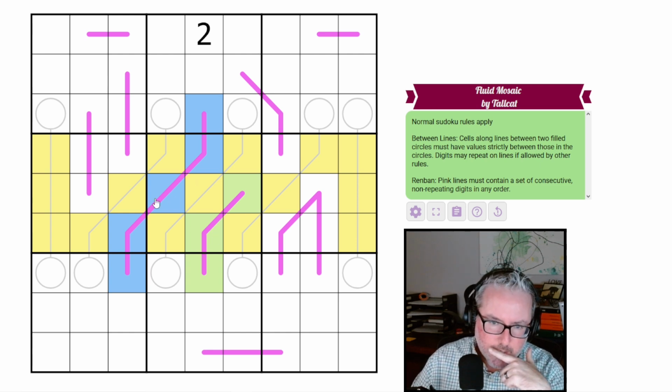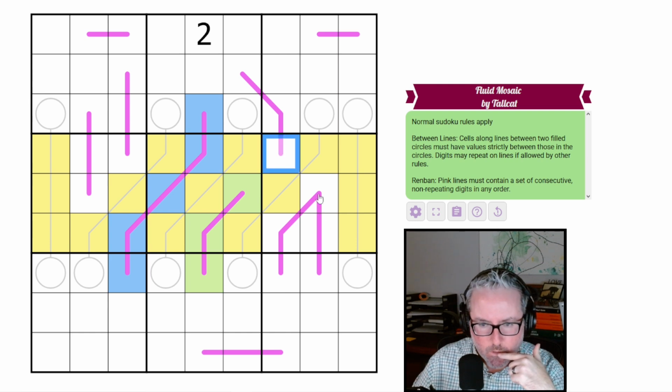Is there a way to propagate that to the other guys? One of these is the 1, one of these is the 9. Again, these guys don't necessarily follow the same.